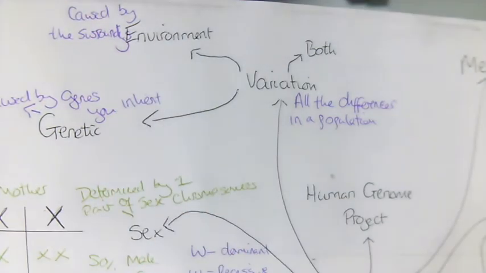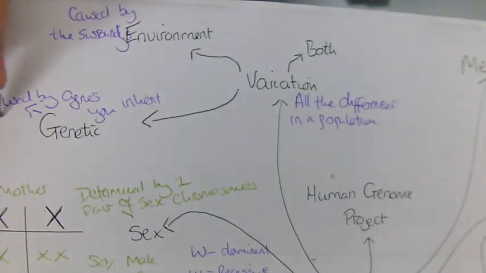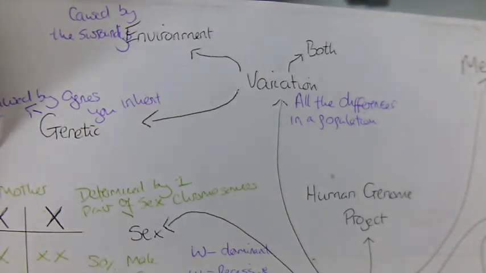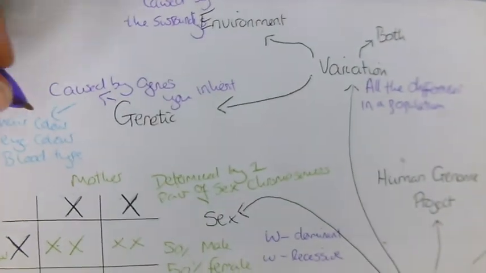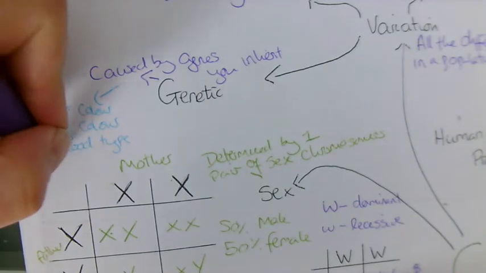So let me use a different coloured pen. If I'm thinking about genetics, this is going to be things like hair colour, eye colour, blood type, and skin tone.